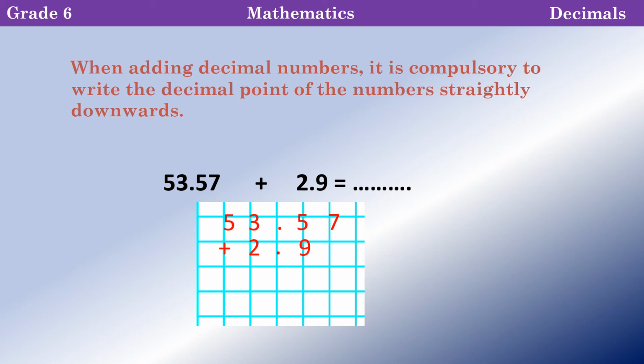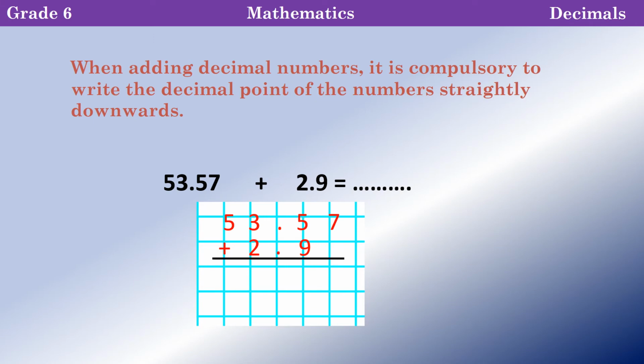Here you can see that first decimal place of the two numbers are 5 and 9. So, those numbers are written straightly downwards. And similarly, the decimal point is also written straightly downwards, and the digits in the ones place are also written straightly downwards.